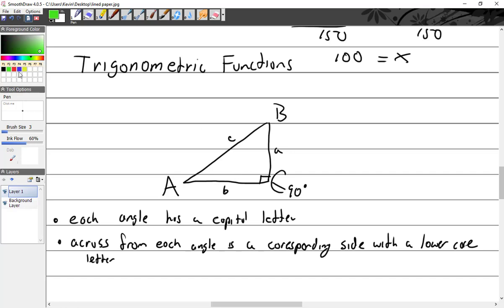So we have angle C, and across from angle C is little c. Across from A we have little a, and across from B we have little b.